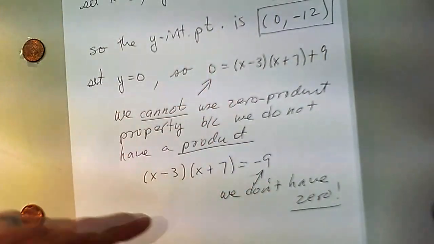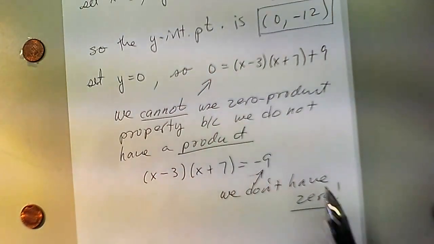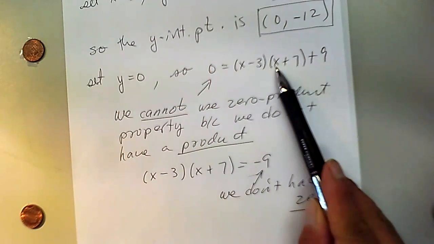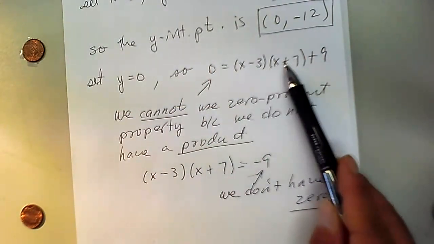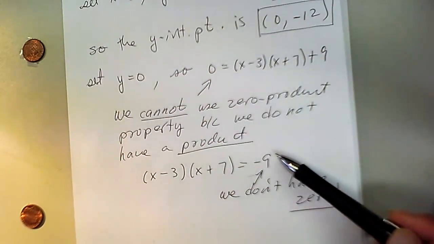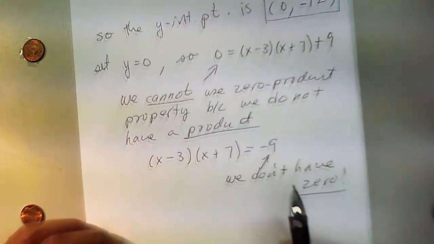And that is a really good problem that I like to put in tests, where we have a product and then we may be thinking, oh, I just use the zero product property. If it is not equal to 0, some students may be thinking, well, we're just going to say x minus 3... So let me tell you what not to do.